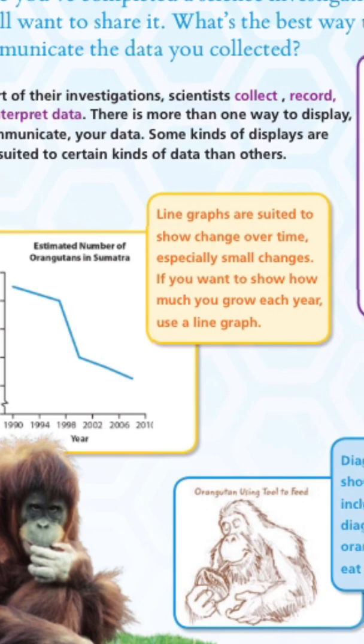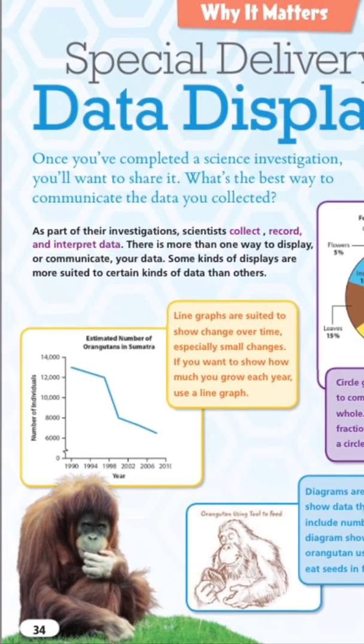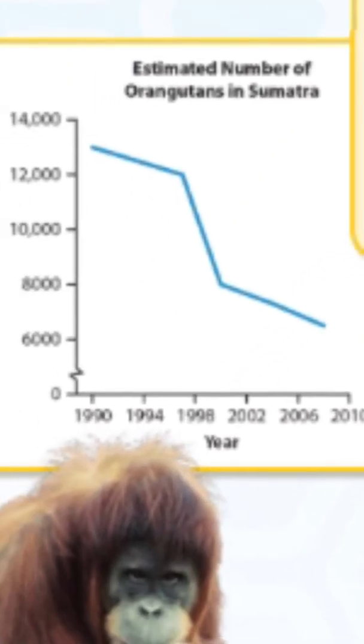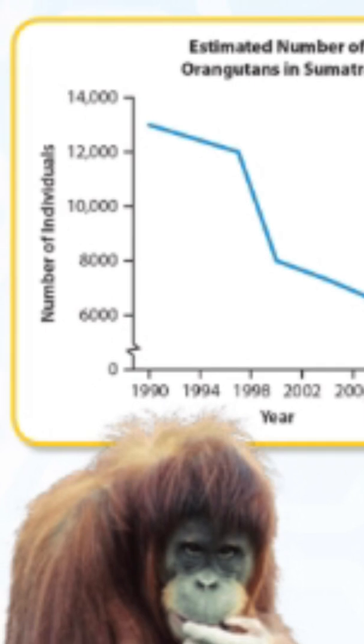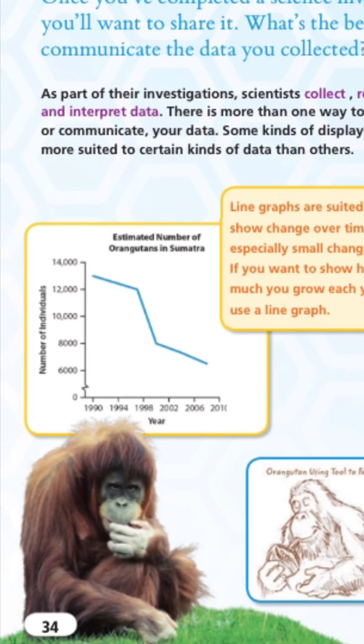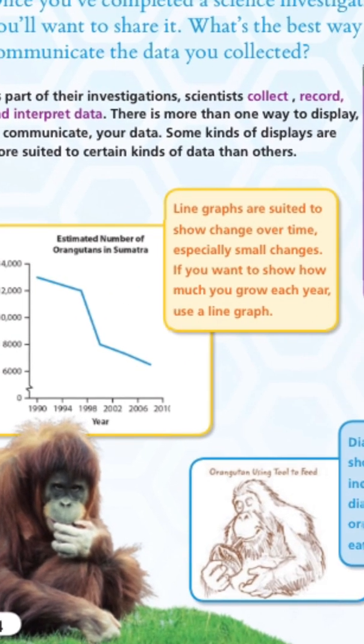For example, line graphs are suited to show change over time. As you can see here, anything will change with the time, as you see here year and here number of individuals. So what is the change in the number of these individuals within the time?